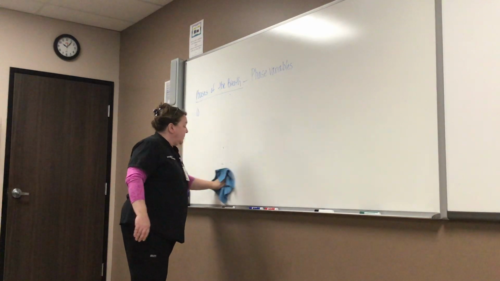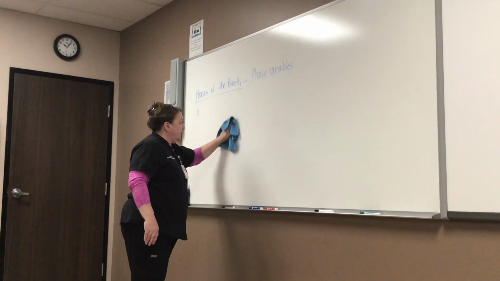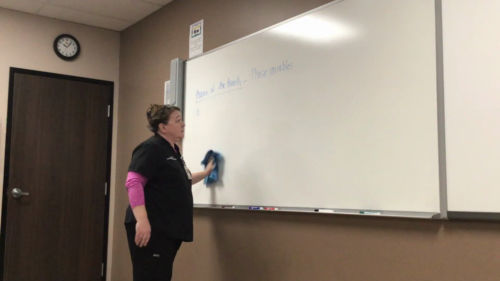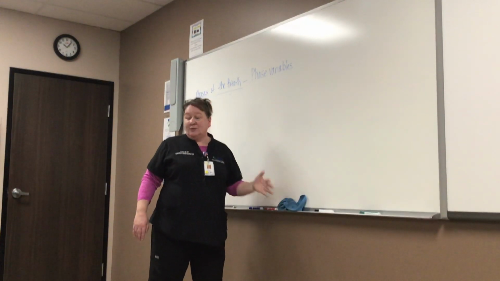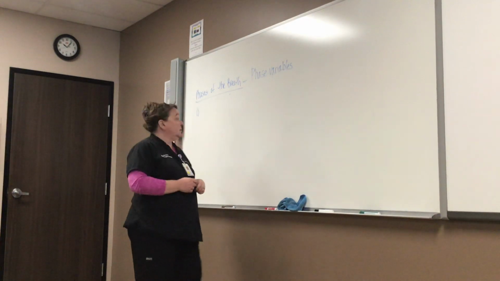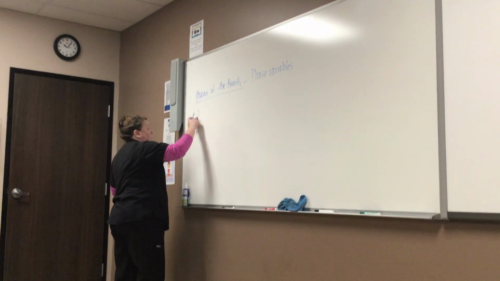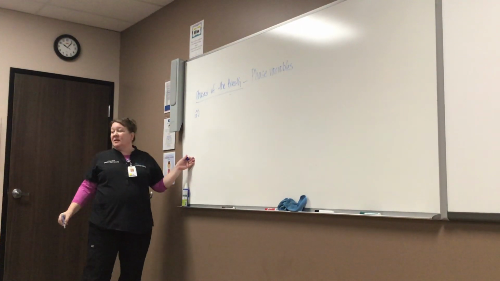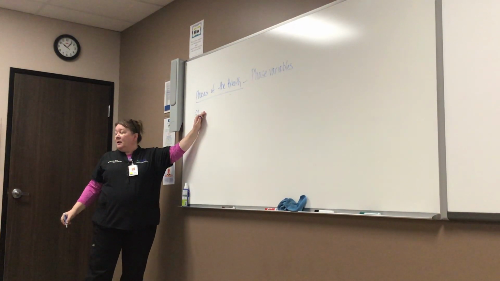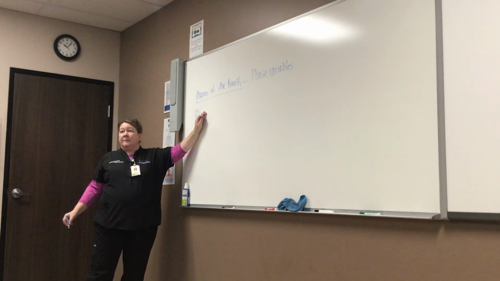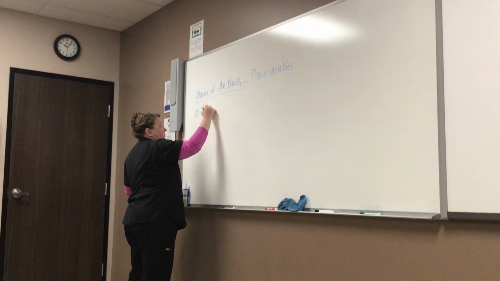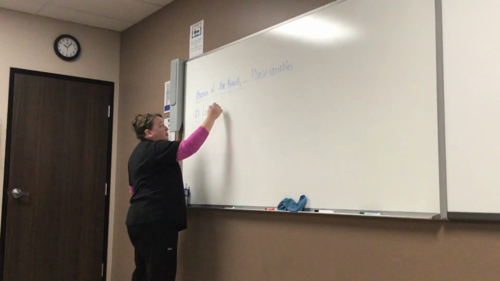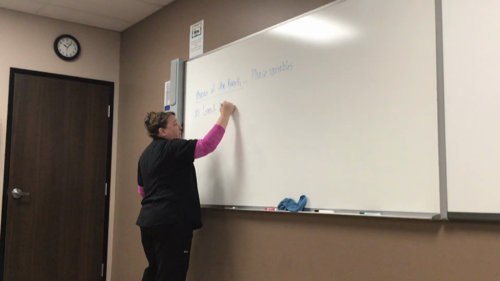Okay, so what is the next part, you guys? After the trigger comes what? What comes after the trigger? So the trigger starts it, what's the next part? Limit. Yes, the limit, thank you. So number 2 is the limit variable.